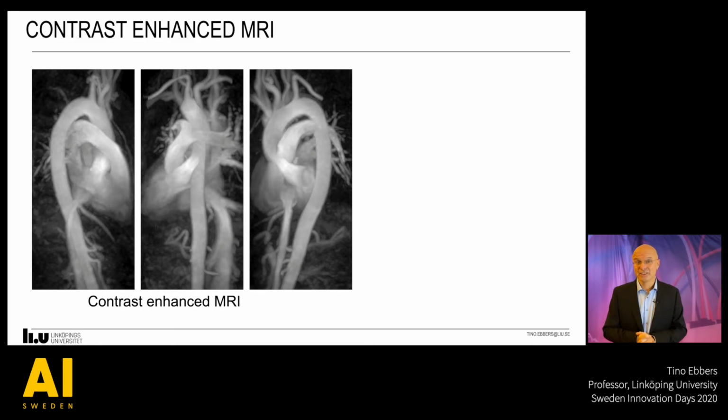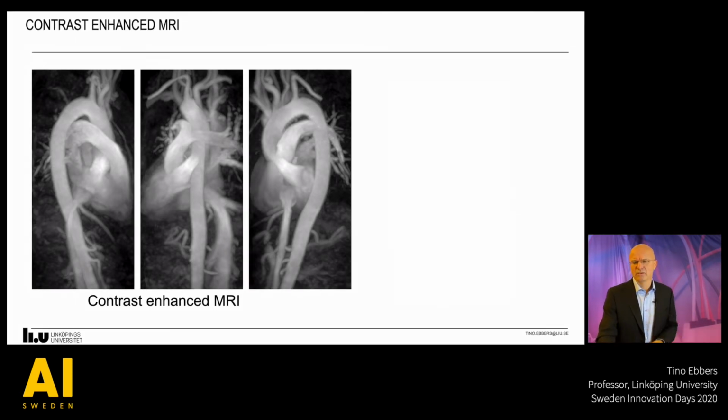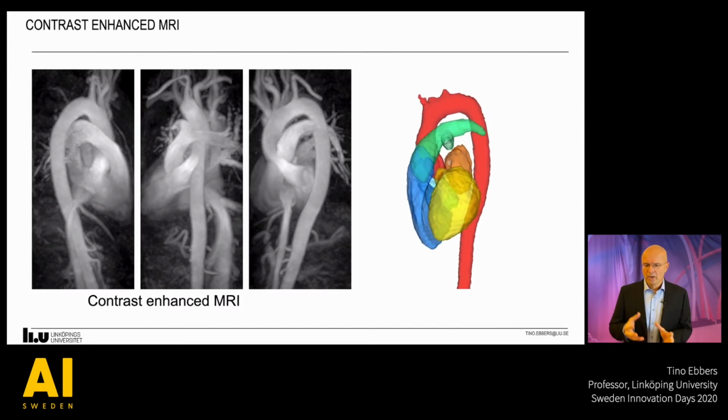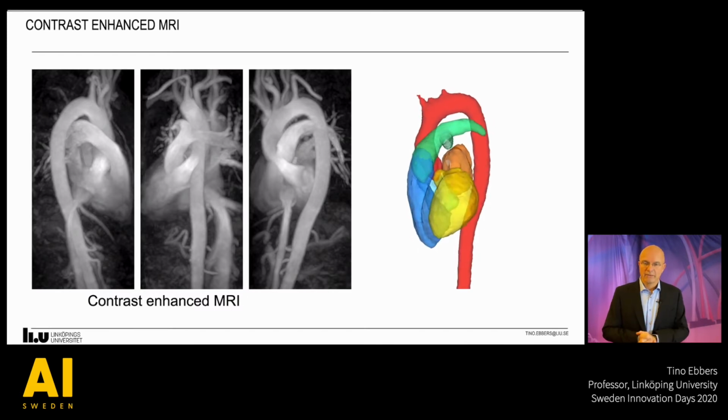Another disadvantage is that you need to inject a contrast agent, which gives an extra cost and is potentially harmful, even though there are very few incidents. But you get an image that is not moving. Well, the heart, of course, and also the larger vessels, they're moving over the cardiac cycle. So you would like to have that as well.